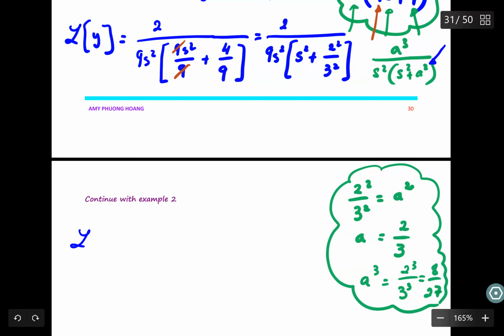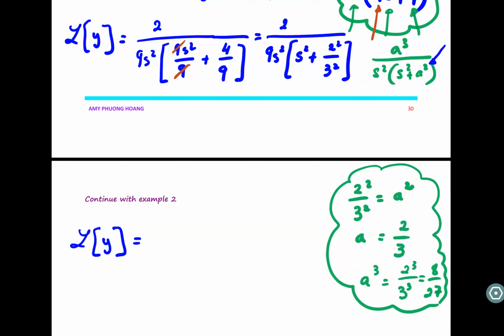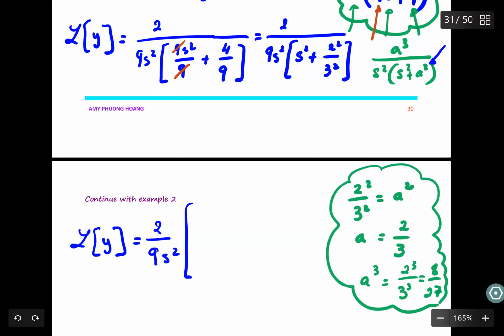So Laplace of y will be equal to 2 over 9s squared. As a numerator inside this bracket, I should have 8 over 27 divided by s squared plus 2 over 3, all of it squared.